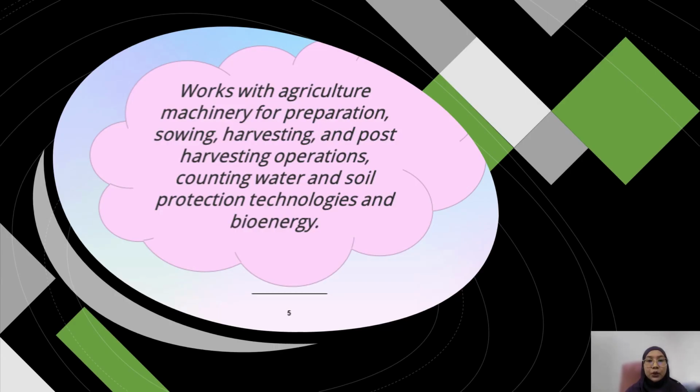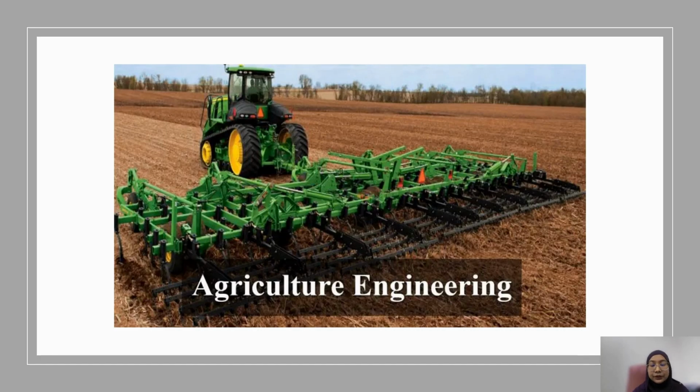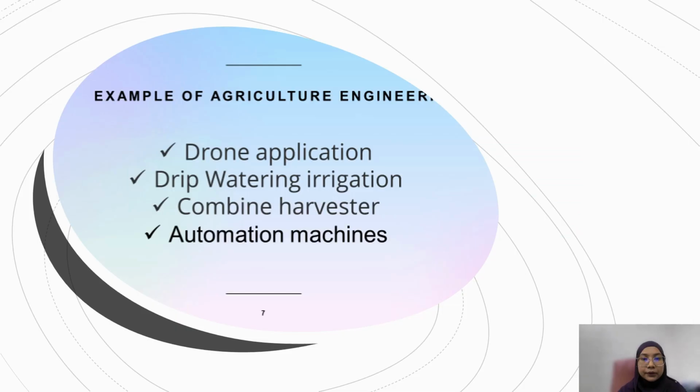So agriculture engineering works with agriculture machinery for preparation, sowing, harvesting, and post-harvest operations. Basically they use implements or tools during the field preparations, as an example.